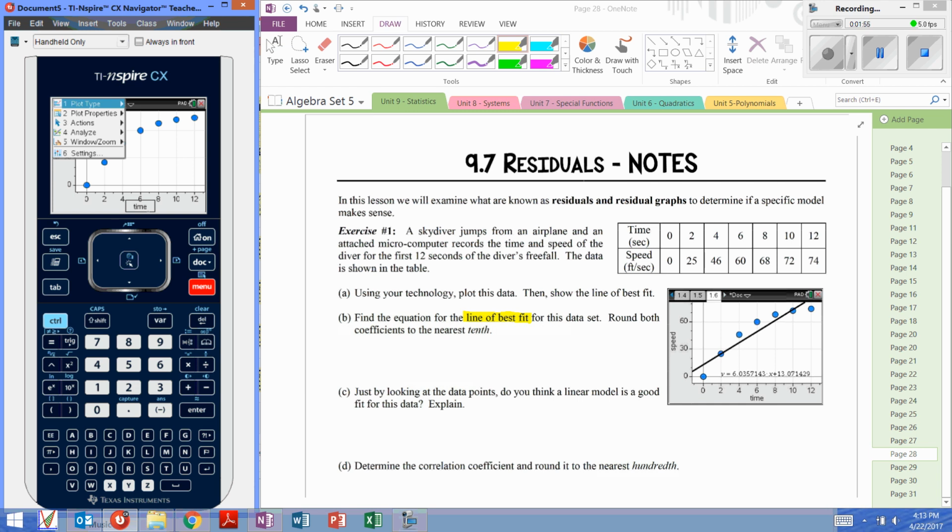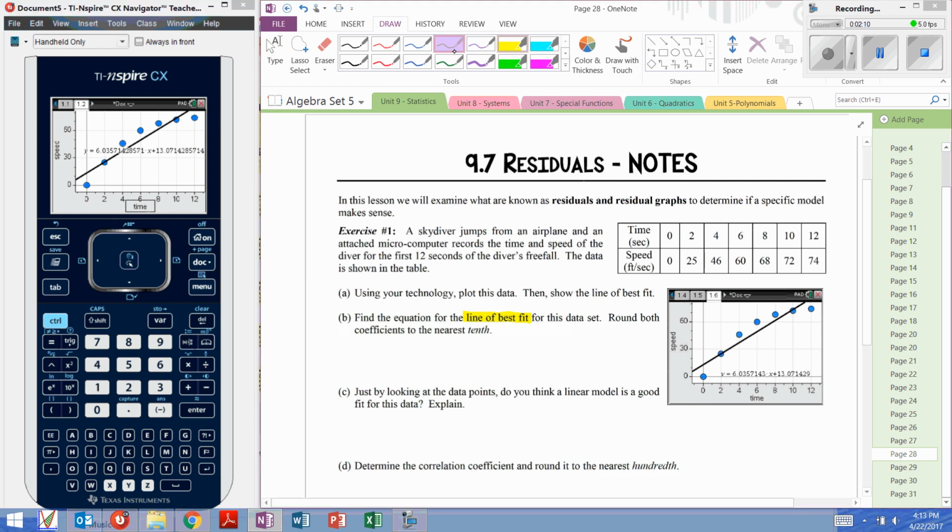If it did, then we'd have to go back and figure that out in a different place. So we can analyze our graph, do a regression, and remember it's linear, and we typically do y equals mx plus b.